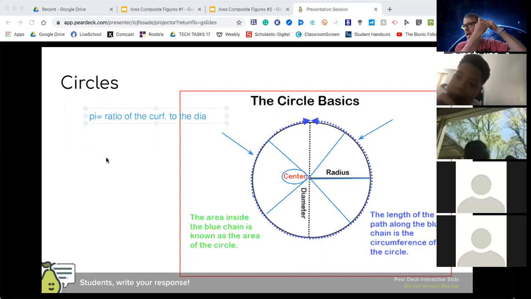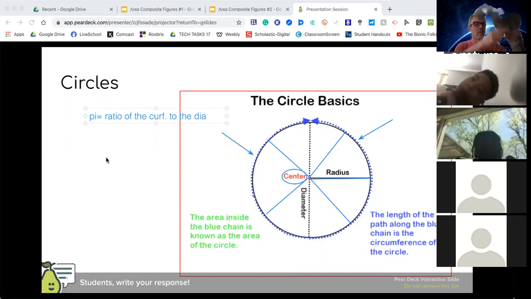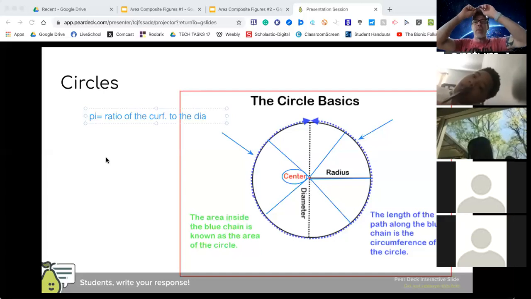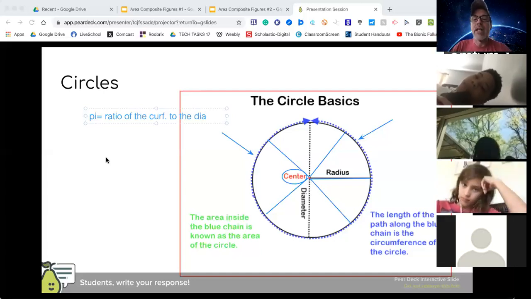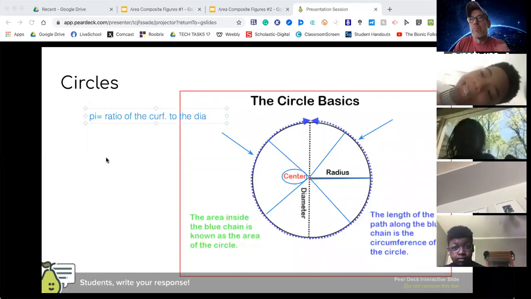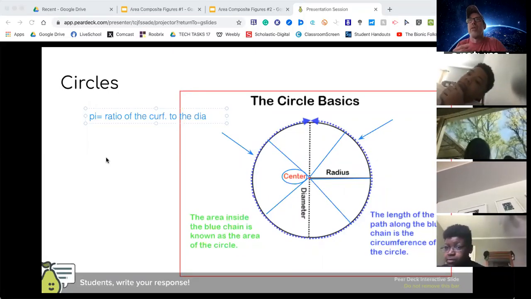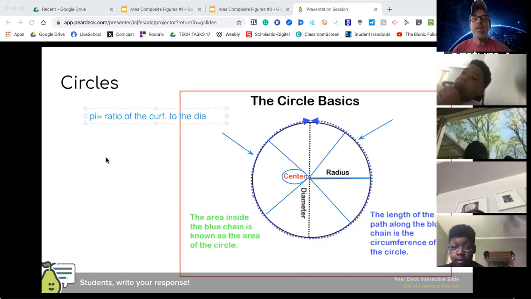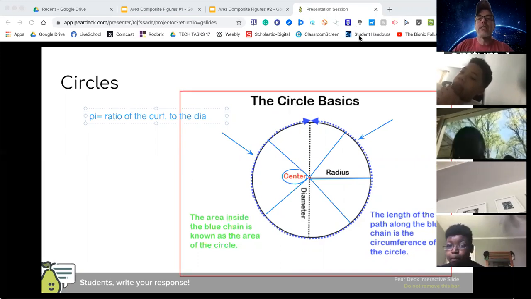You measure that, divide that number by pi, and that tells you approximately your hat size. So they use pi to get your hat size. Now, most people just try them on until they find the one that fits, but that's how you would do it. All right, so let's move on to the next slide.